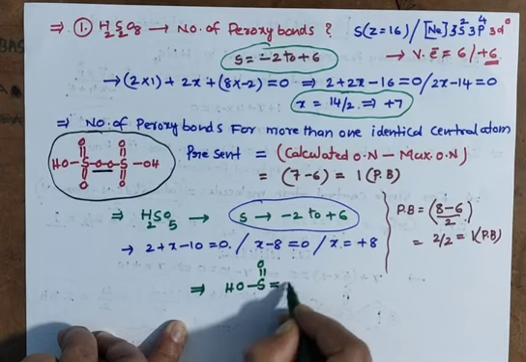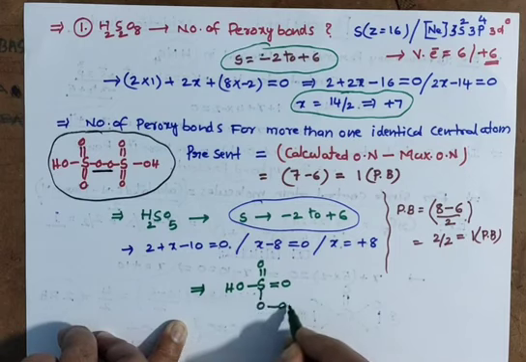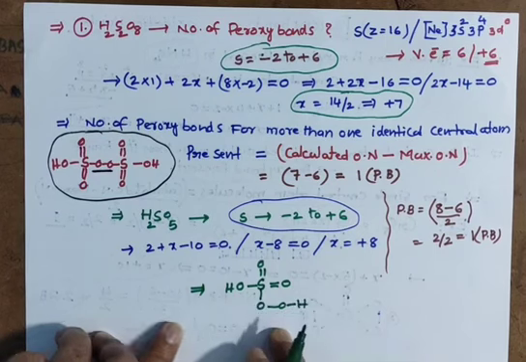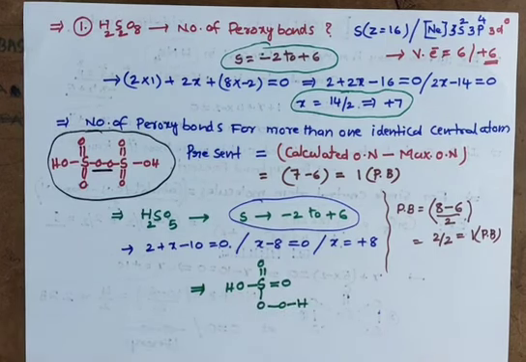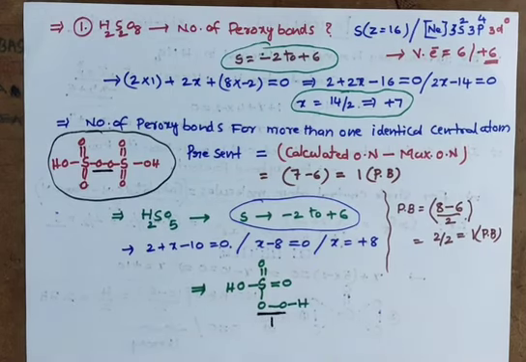For the central atom, another oxygen we have with a double bond, and here one oxygen, and you go for one OH here. This is the structure I explained already. And here 2 oxygens are bonded with a single bond. This is one peroxy bond. Like this, for any you can calculate easily.